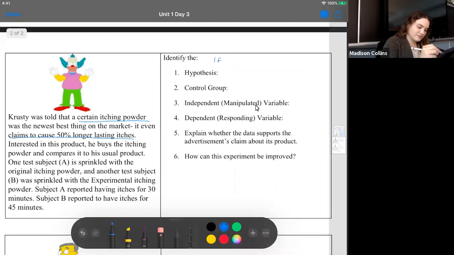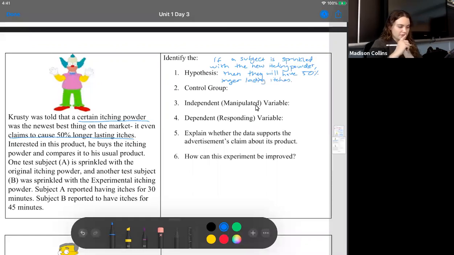So if a subject is sprinkled with the new itching powder, then they will have 50% longer lasting itches. All right, so there's our hypothesis.